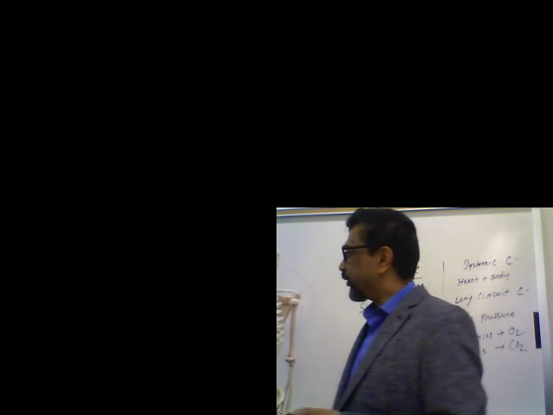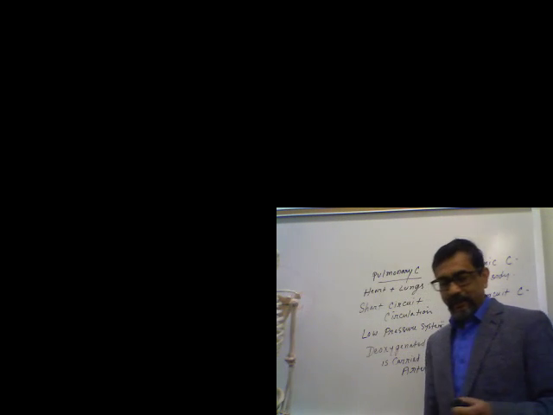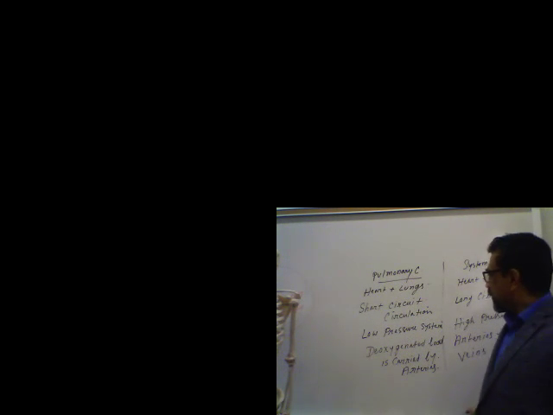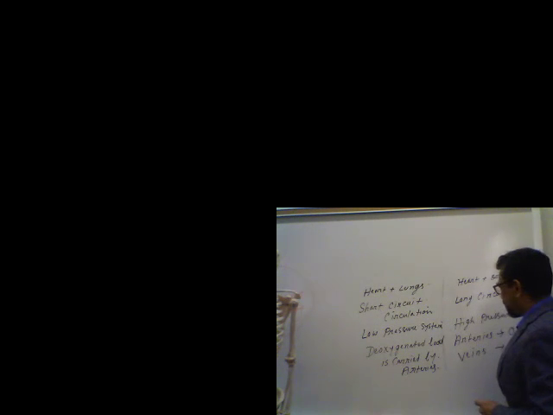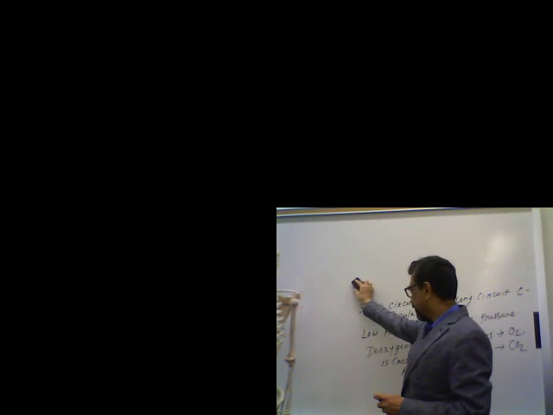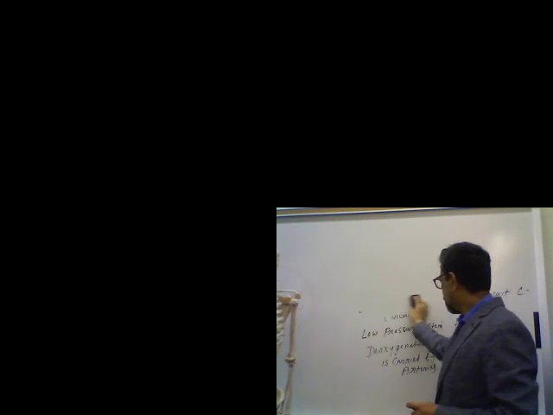Now, a little more detail. Two things are very important to remember to understand systemic and pulmonary circulation. Number one, always keep in mind, this will make it very simple.